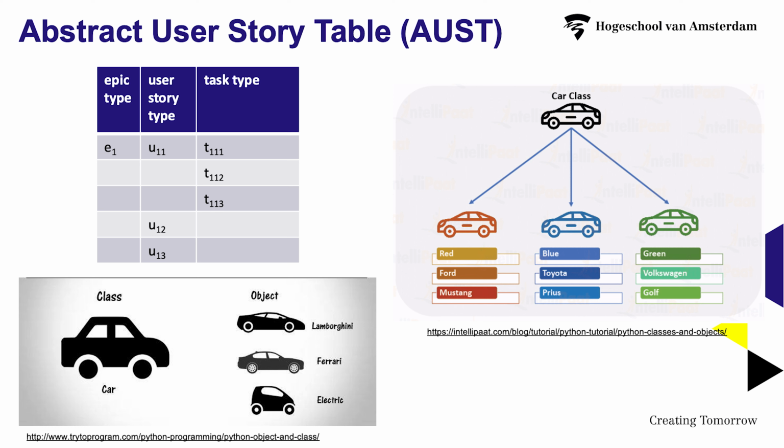An example of an abstract epic type in this case is the generic concept of a website with the generic user story types front end and back end being educational building blocks, how to build the front end and the back end for a website respectively. An example of task type would be educational instructions on how to develop a button in the front end.